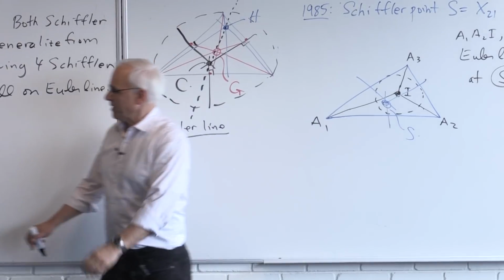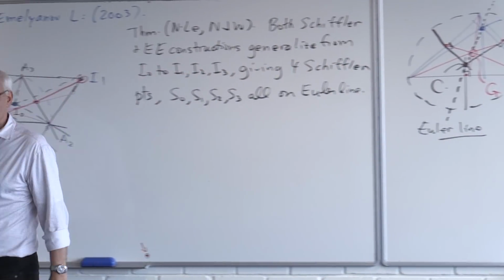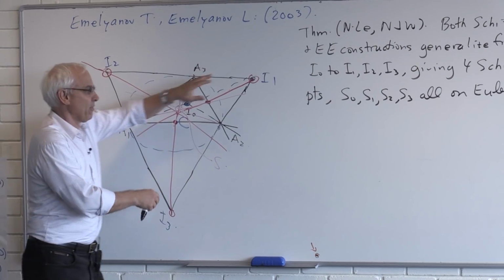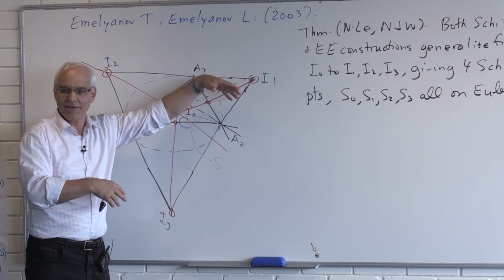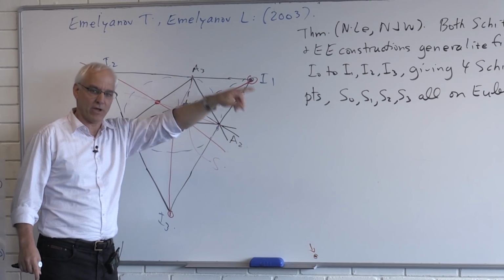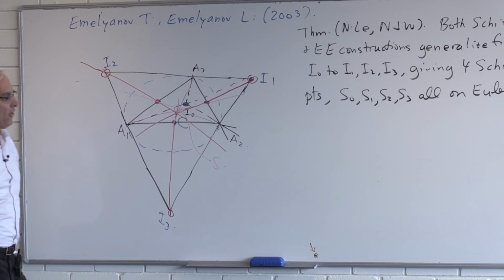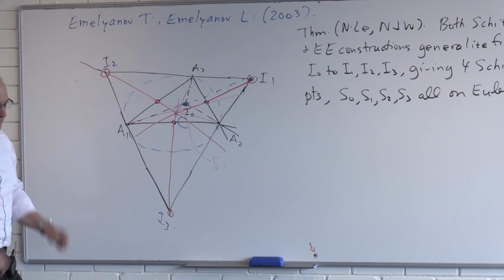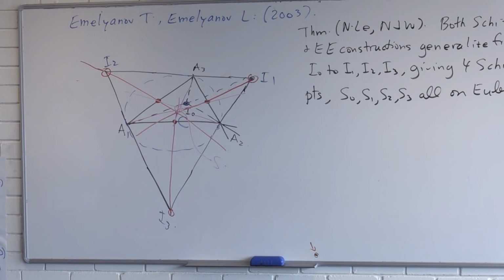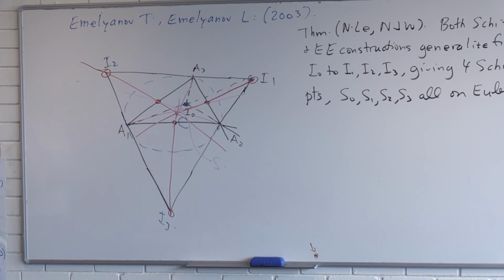And on the other hand, if we did the Emelyanov construction by not starting with I0 and excluding I0, but starting with I1 and excluding it, then the same procedure would generate that same Schiffler point that we got in that situation. So we get actually 4 Schiffler points on the Euler line for a general triangle.